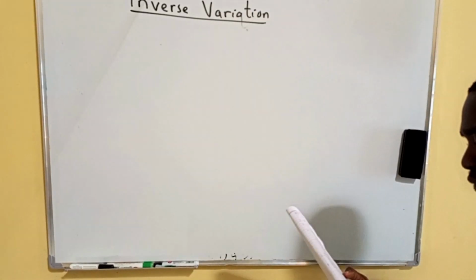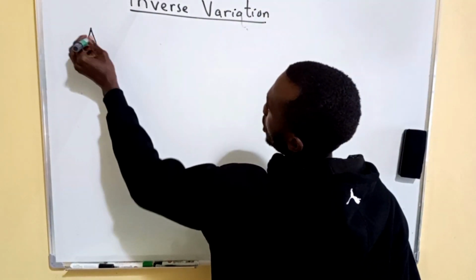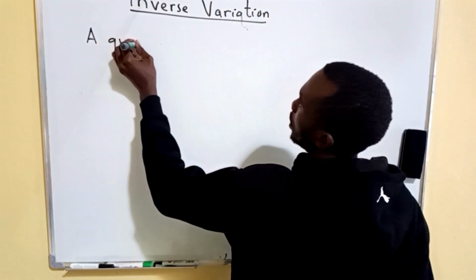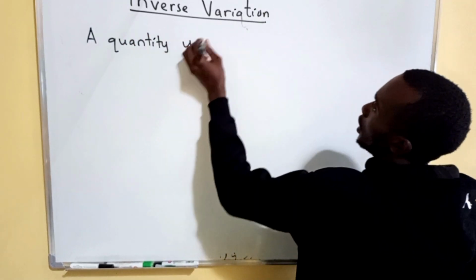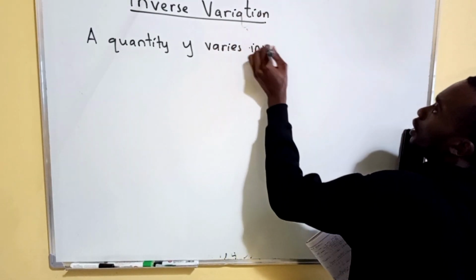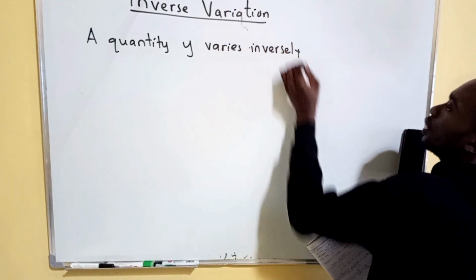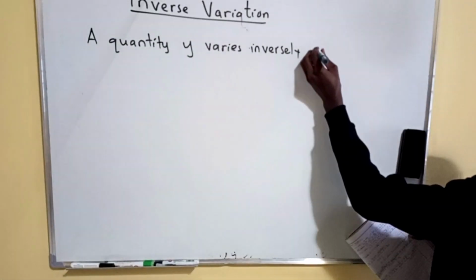Question reads, a quantity y varies inversely as the square of z.